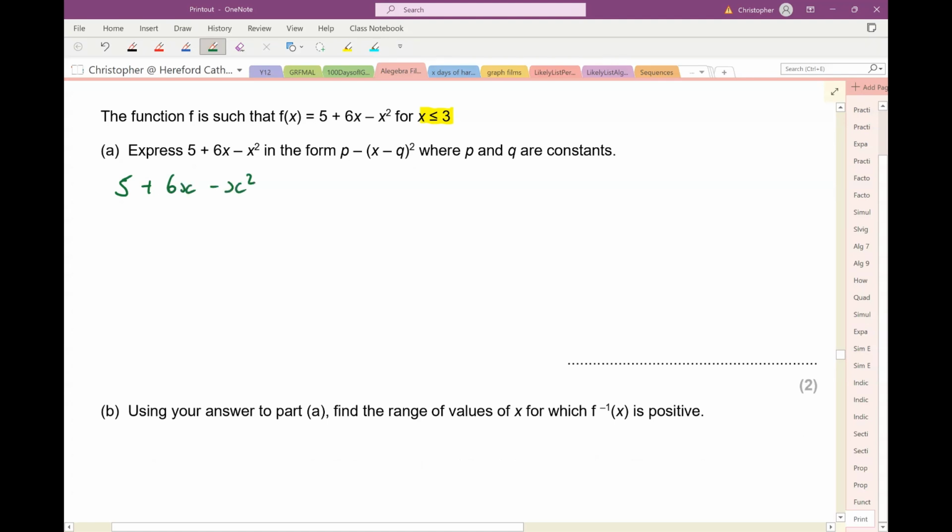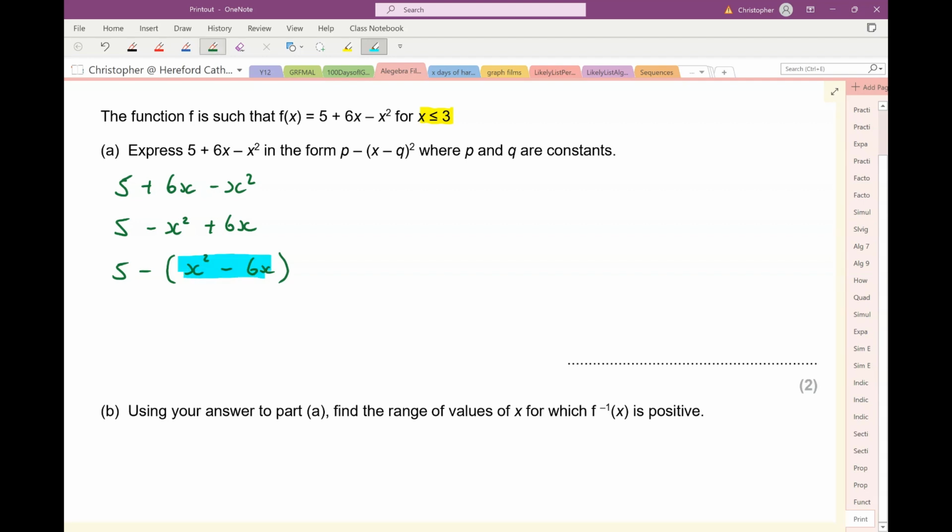So what I'm going to do is write that as 5 minus x squared plus 6x. And then to complete the square here, I'm going to take a minus sign out so that I've got a positive 1x squared there. So that's going to be minus x squared and then minus 6x. And now I'm ready to complete the square on that expression.